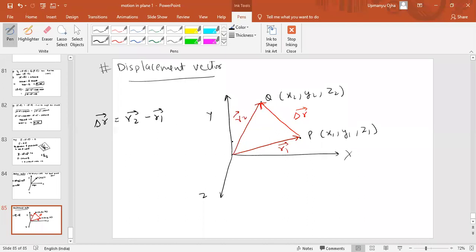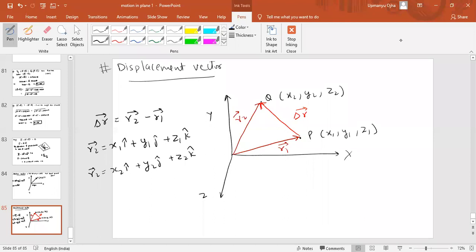Now what is r1 vector? That is equal to x1 i cap plus y1 j cap plus z1 k cap. And what is r2 vector? That is x2 i cap plus y2 j cap plus z2 k cap.